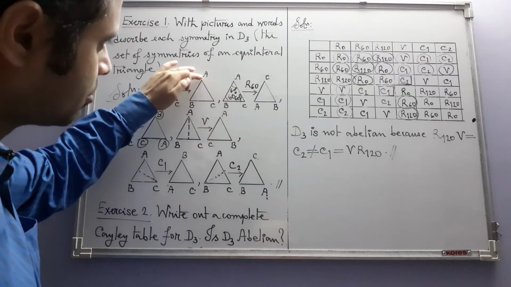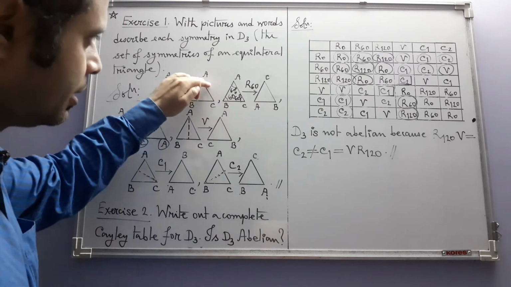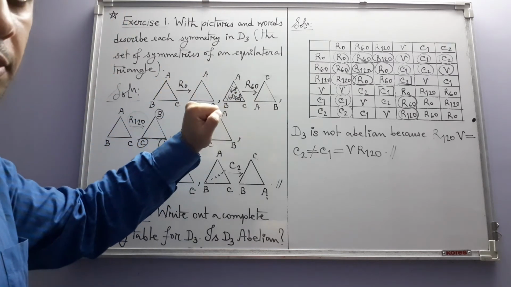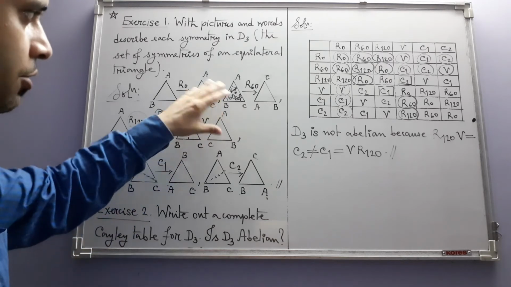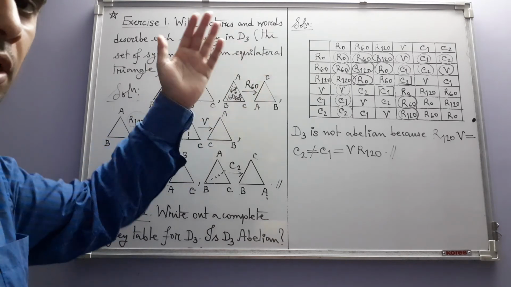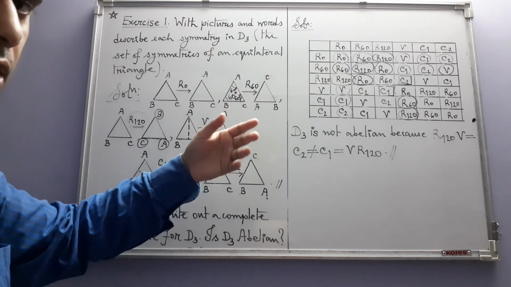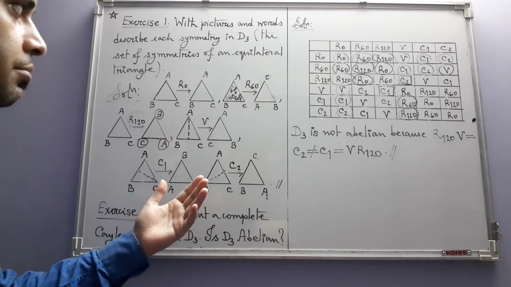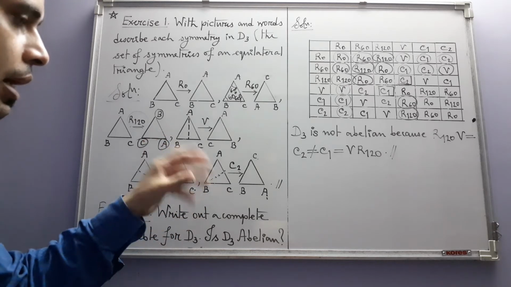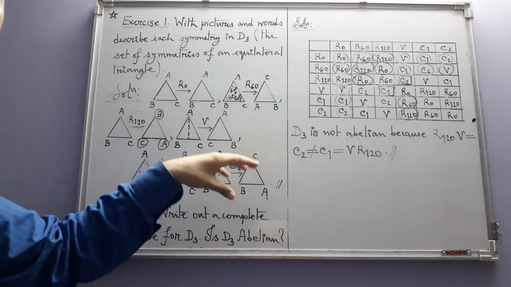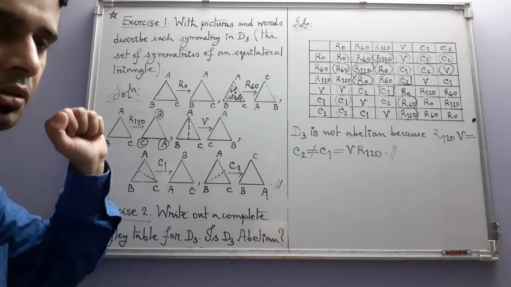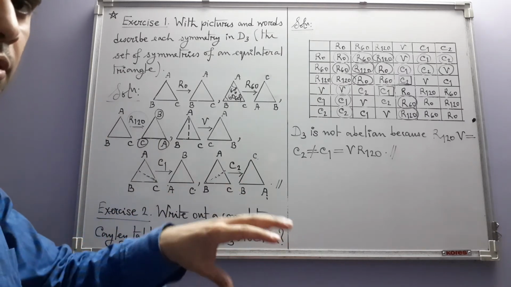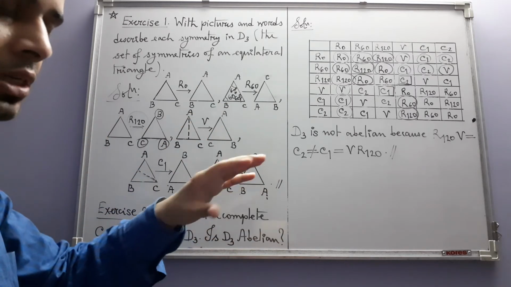Here also, if you draw a perpendicular bisector, it will pass through the other vertex. So automatically you know that the same thing is going to happen for the other components which are symmetric to this component, or the other aspects of that object which are symmetric to this particular aspect.